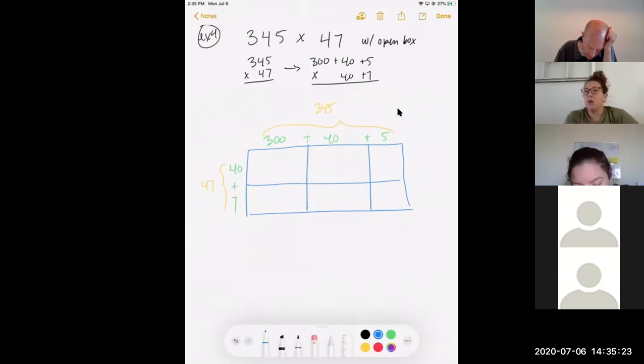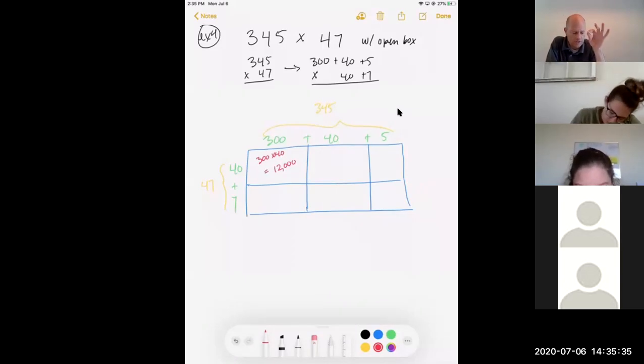Now in the middle, I'm going to multiply my numbers together. So this is 300 times 40. That's equal to 12,000. Notice that I could do the single digits, 3 times 4 to get 12, and then I put in all of the zeros after it.